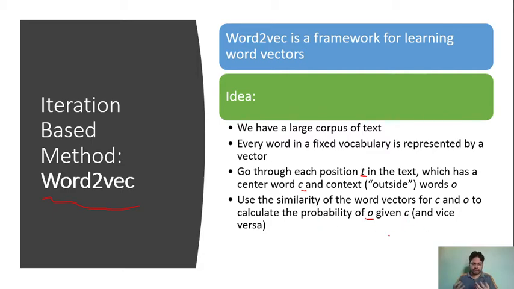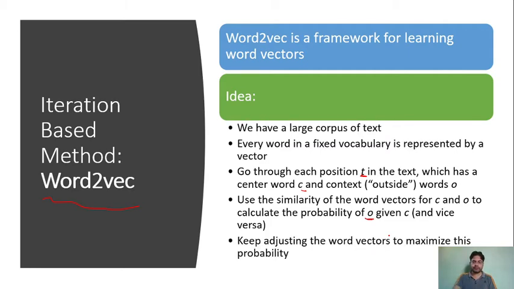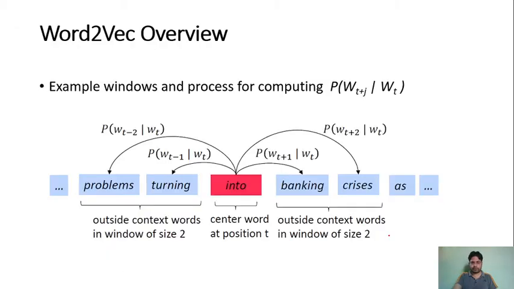That is one way. The other way: if you have a center word, what will be the probability of the outside word? In these two ways you can calculate the probability. We'll see this in detail, and then slowly we'll maximize the probability, so that with the help of context you are able to find the center word.